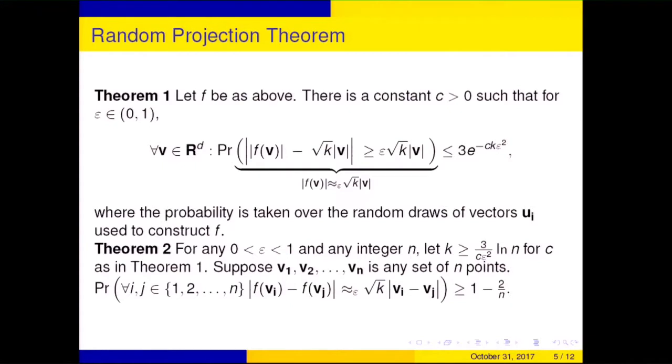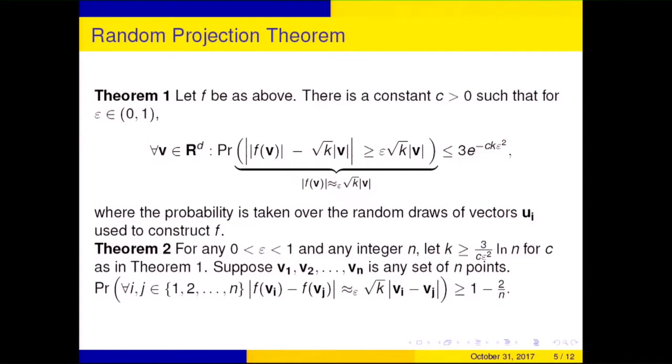Okay. The probability that there is a relative error, so it's supposed to be that. The expectation of the square is the square of that. That's all we proved. And the probability that the relative error is more than epsilon falls off as e to the minus, very importantly, k in the exponent, epsilon squared. I'm going to abbreviate for the future this statement here as the length of f of v is within epsilon relative error of this.